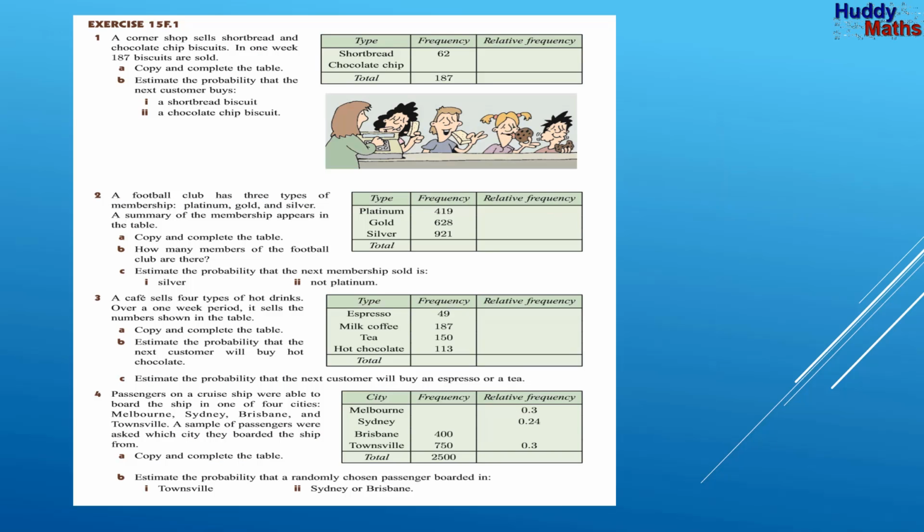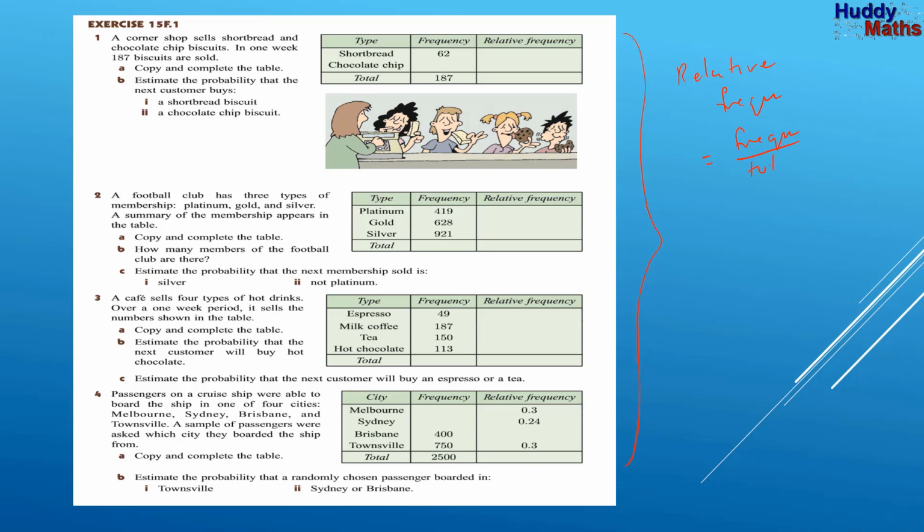Okay, come on down, and here's your chance, 15F1, and I want you to work out the gaps in the table, so copy it in your book. Just remember, relative frequency is just as it sounds. It's a frequency relative to the total.